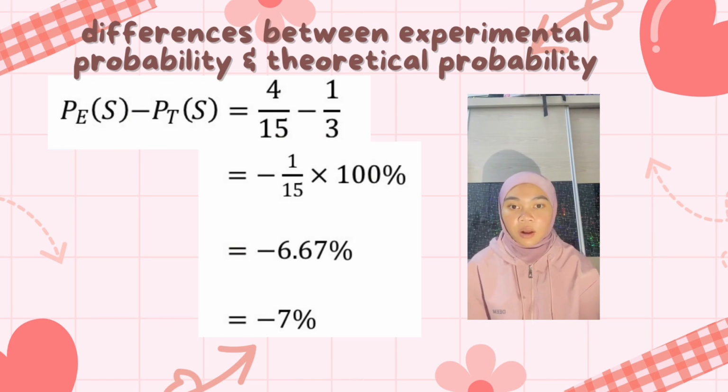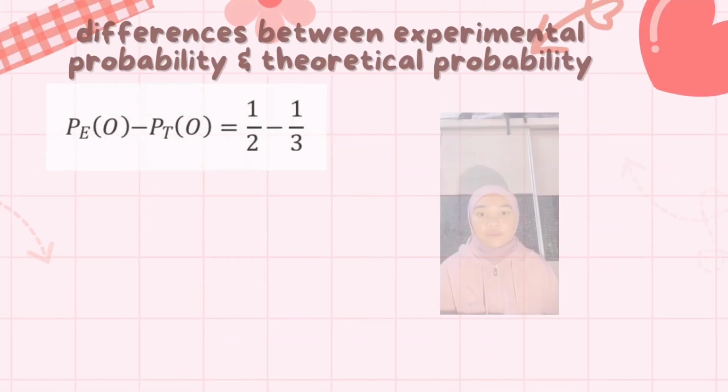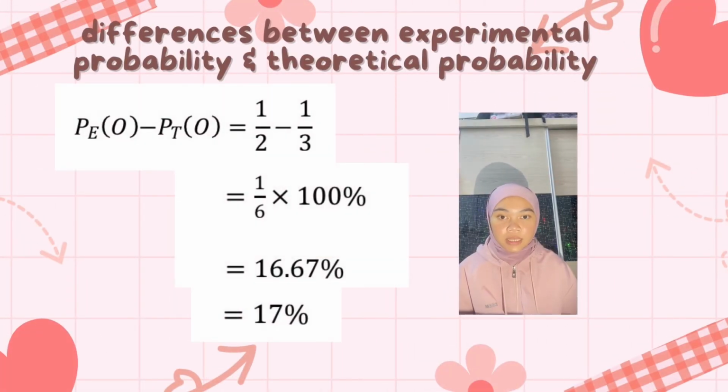It means out of 30 students, there is a 7% chance that students will not draw a strawberry sweet compared to theoretical probability. And for orange, it is 1/6, which is 17%. It means out of 30 students, there is a 17% chance of students drawing an orange sweet over theoretical probability.